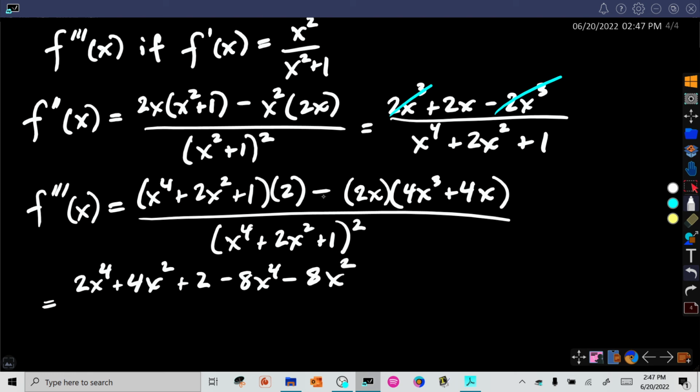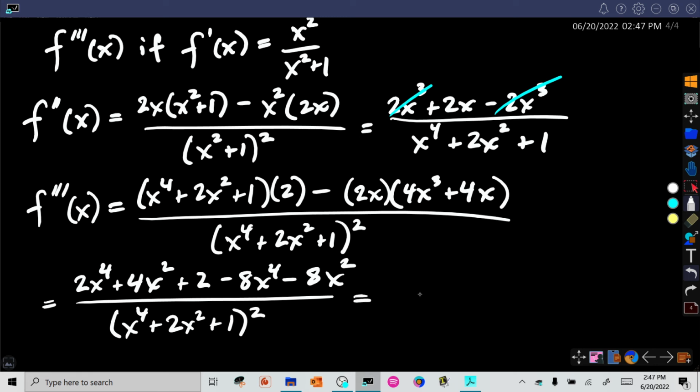There's a minus in front, so every term that I multiply has to become negative, so that's why that works out that way. And I'm just going to leave this alone. Binomial expansion with exponents is pretty easy. Trinomial expansion is not very fun, so I'm not going to do it. I'm just going to leave it like that.